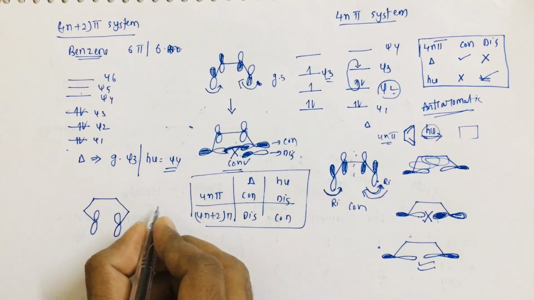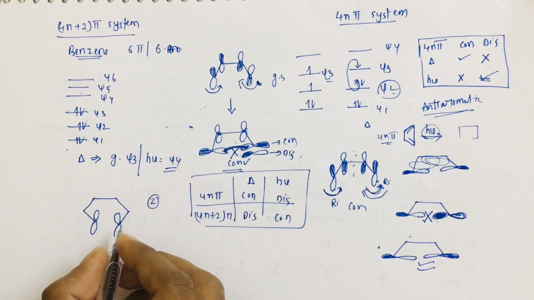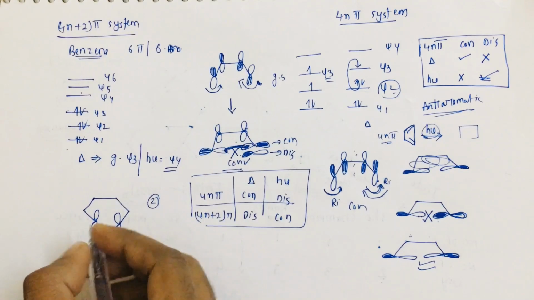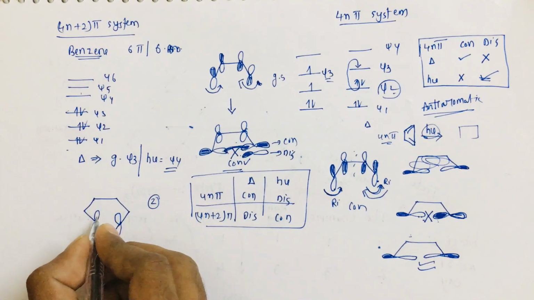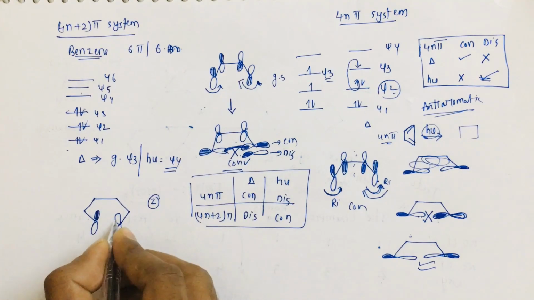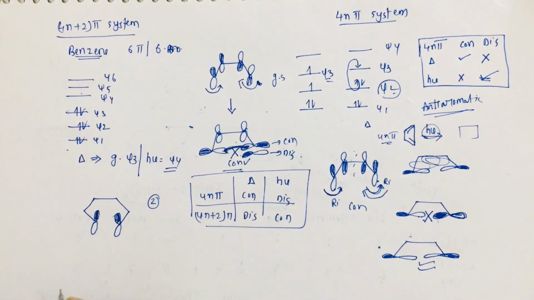Psi 3 means there should be two nodal planes. So I am not writing these things, I am just directly going into this. So now we have it like this.